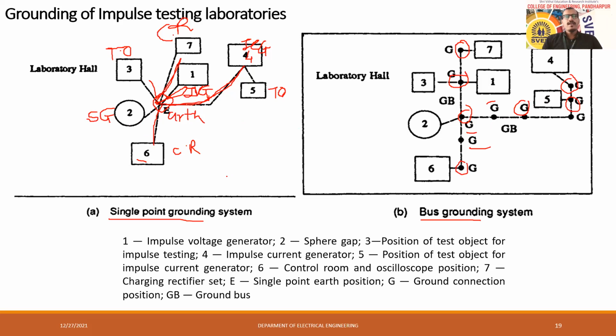But in the laboratory hall with the bus grounding system, whatever current or voltage goes beyond the limit goes directly to the ground, because every particular point has its separate bus grounding. So that is the importance of the grounding system. I hope you have understood that very well.